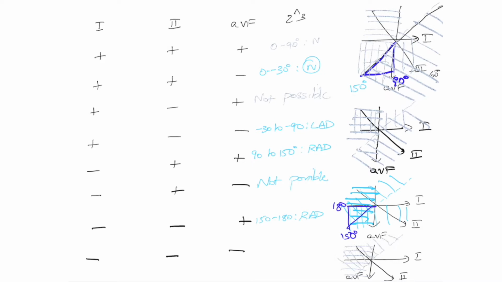And lastly, AVF is also negative, so that would go somewhere here. So notice how the overlap area is like so. So in essence, it's between negative 90 to 180, and this would be considered extreme right axis deviation.